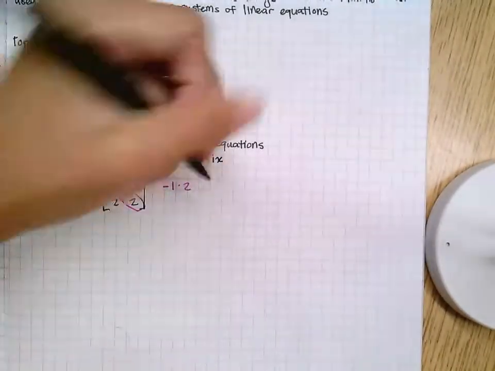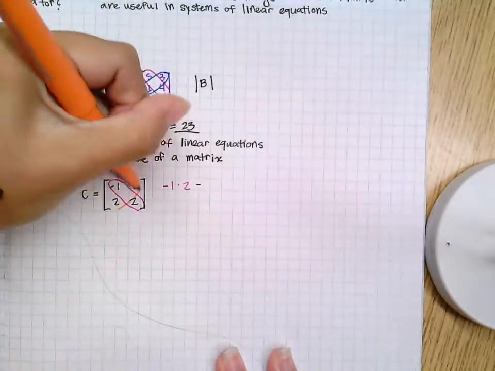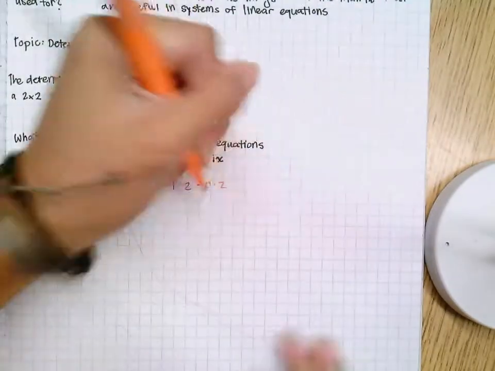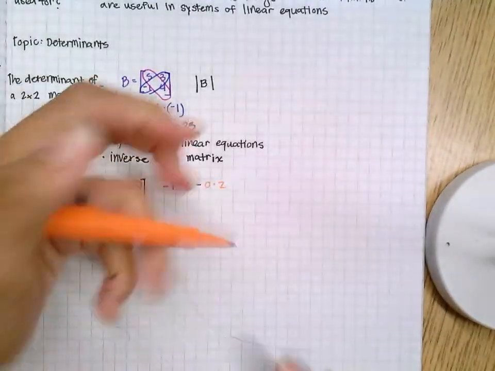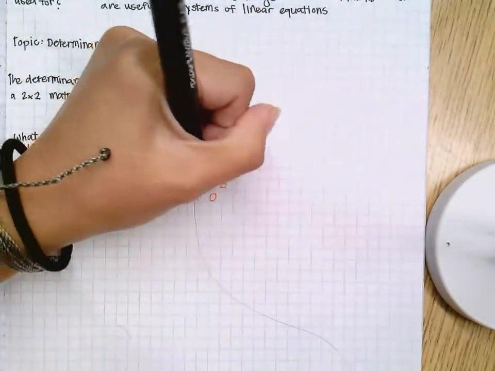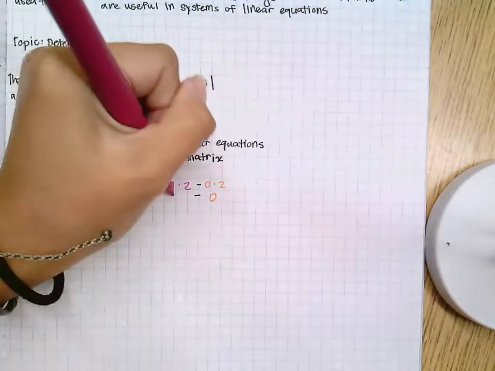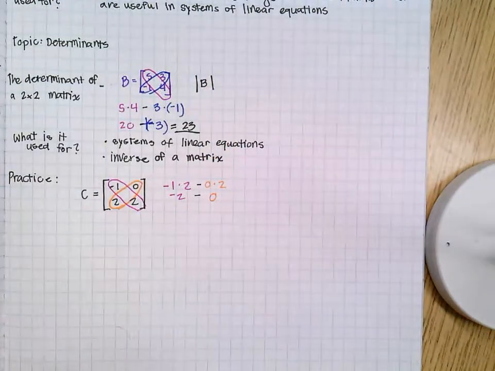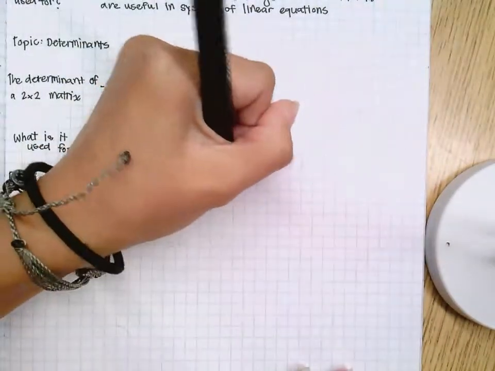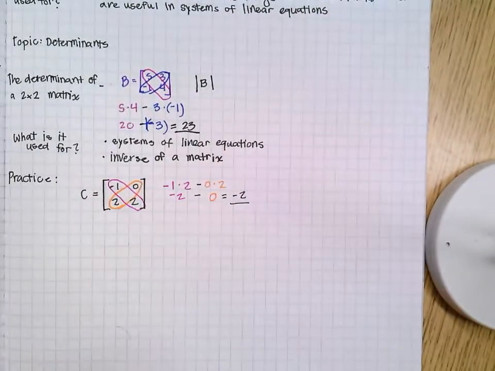And we're also going to minus the other diagonal, which is just 0 times 2. We know that 0 times 2 is just 0. And negative 1 times 2 is just negative 2. So negative 2 minus 0 will give you negative 2. And that's the determinant of C.